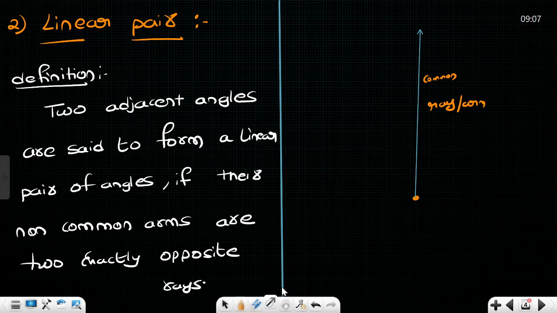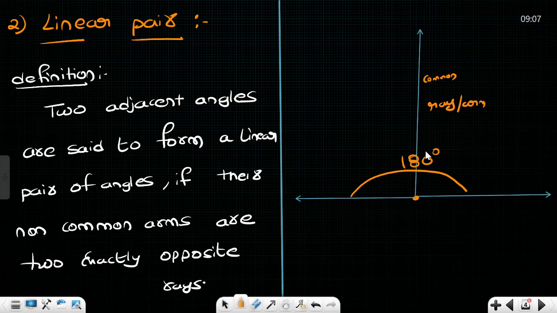Now the other two non-common arms are exactly opposite. So this is one ray here and exactly opposite, sir. Not even a little bit of angle, they are exactly opposite. I am unable to draw it properly, but yes, they are exactly opposite. It means the angle here is 180 degrees. I think you know the meaning of it.